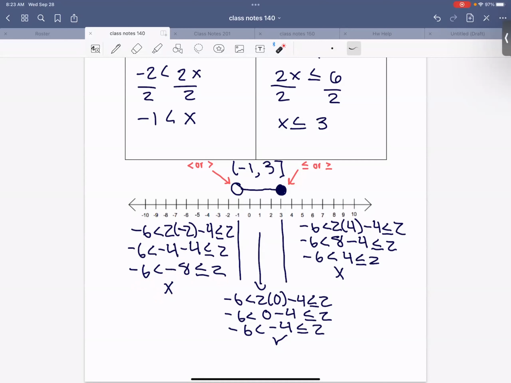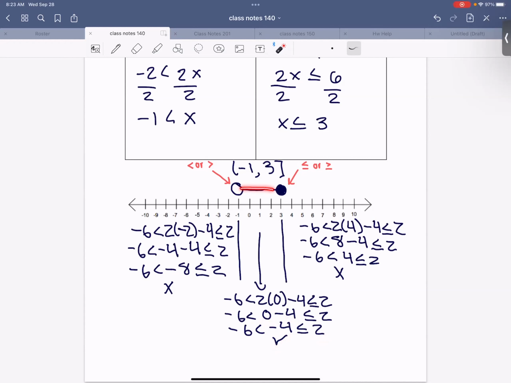Perfect. Yep. Pick the number between -1 and 3, and I pick 0. So -6 less than 2 times 0 minus 4 less than or equal to 2. Multiply that, you'll get -6 less than -4 less than or equal to 2, and that is right.